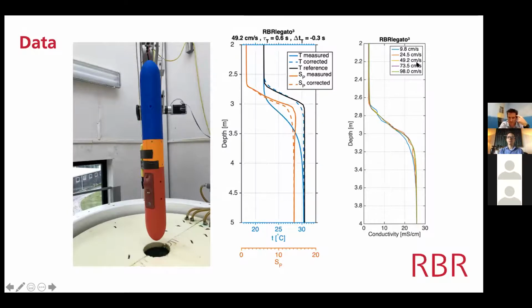And on the right-hand side, you see that even at very slow speeds, there's an order of magnitude in speeds here, from 98 centimeters per second to 9.8 centimeters per second, the conductivity precision remains pretty good. And so these have been very good results that again highlight the natural flushing of this type of conductivity cell, even at lower speeds.